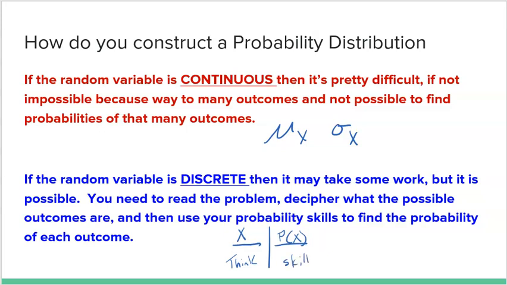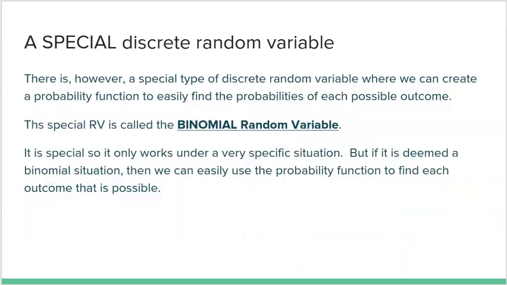And again, that's why we learned an awful lot about probability. And then once you have that probability distribution in front of you, you can use the formulas or you can use your calculator to find the mean and the standard deviation. So continuous is pretty easy because you can't do a whole lot, but discrete, you could easily make a list of everything that can happen if you just use your brain and find the probabilities using your skills.